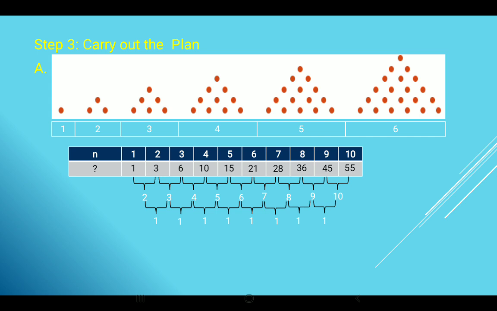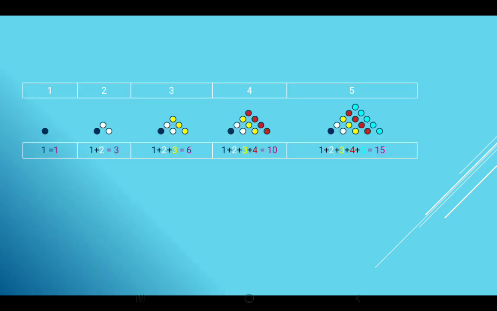To simplify this pattern or this way to get the number of dots in each triangular number, makikita natin in the next slide kung paano siya ginawa. Here it is. So, in the first term, we have 1 dot. So, 1 is equal to 1. In the second term, we have 1 plus 2 is equal to 3. So, we have 3 dots in the second term.